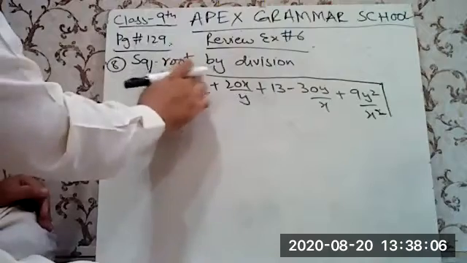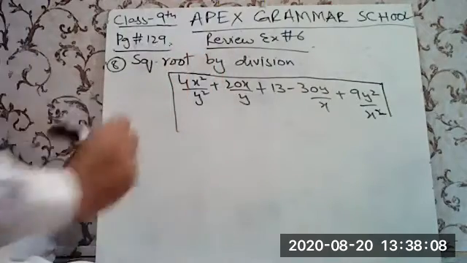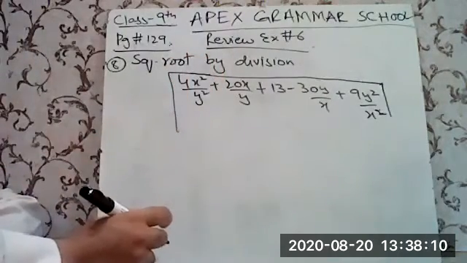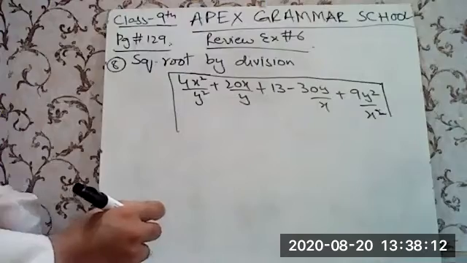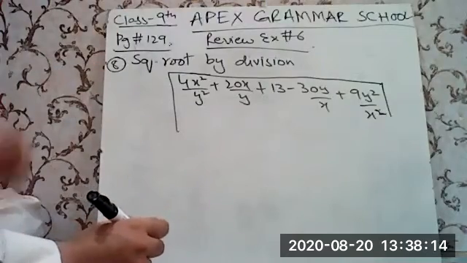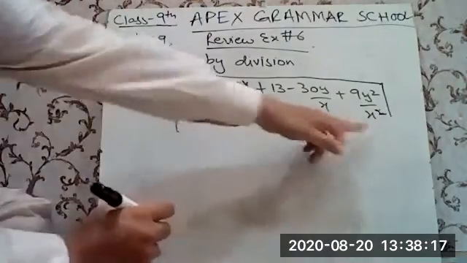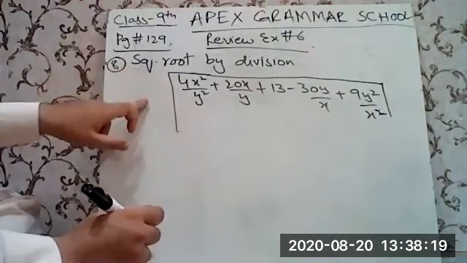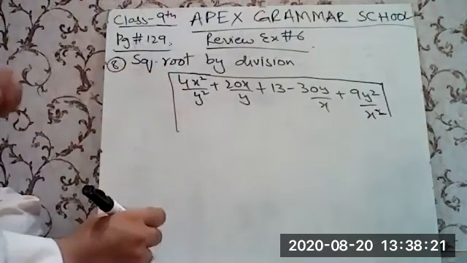Now you need to find the square root. So for square root through division method, first you need to find the very first expression. You need to find the divisor. You need to take the square root of it.